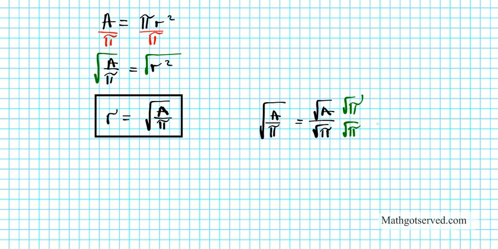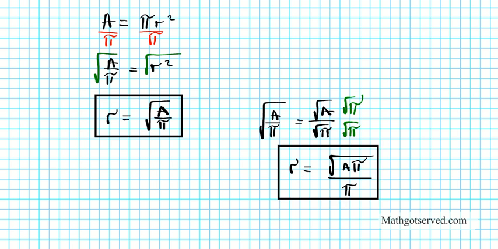And then that's going to give me the square root of a pi divided by square root of pi times square root of pi, which is simply pi, like that. Okay, so this is the answer in completely simplified form. This is an acceptable answer, but this is completely simplified.